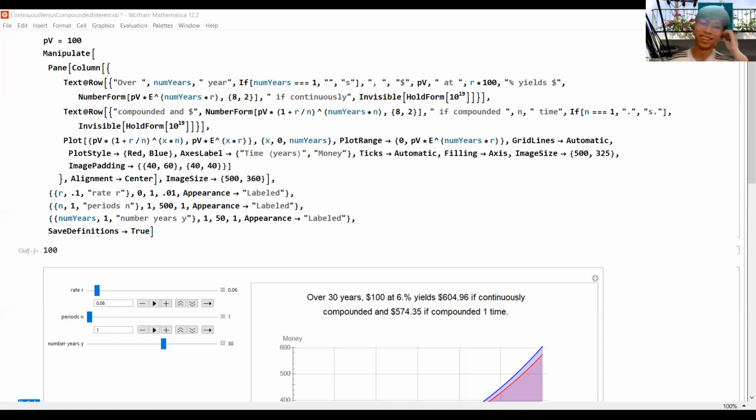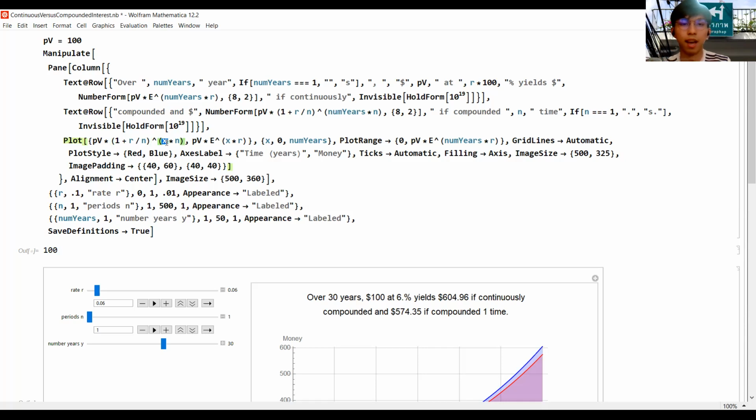We get the concept of compound interest from Pickup, and let's take a formula like this. PV means the principal value that we deposit to the bank in the first year, and R means the interest rate that the bank gives us. N means the period, as Pickup told you, semi-annually or annually, or 10 times a year, and X means the time if you deposit for a long time.